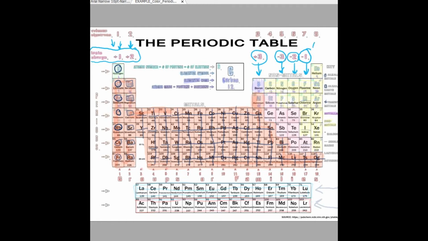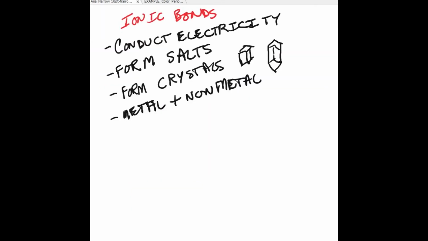For the -1, we'll have above the 17th group: fluorine, chlorine, bromine, iodine, astatine, and tennessine. So now let's go back to our regularly scheduled thing.